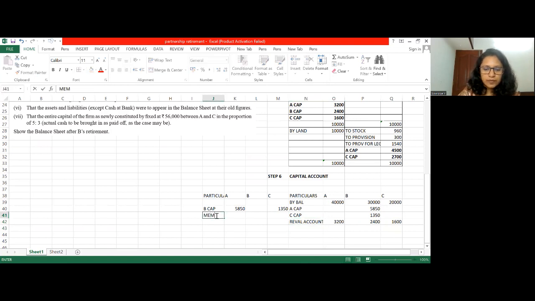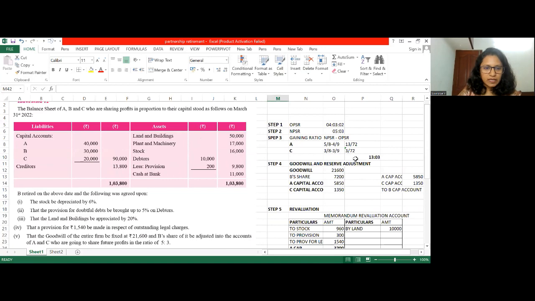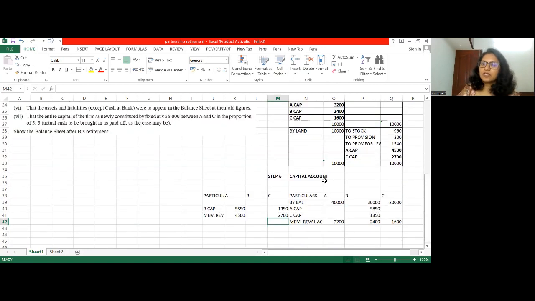Then here also memorandum revaluation account, $1,500 and 2,700. Okay. So we don't have any other entries to be made. That's all. Goodwill adjustment, revaluation adjustment. There is no reserve adjustment to be made. So we can close the account.